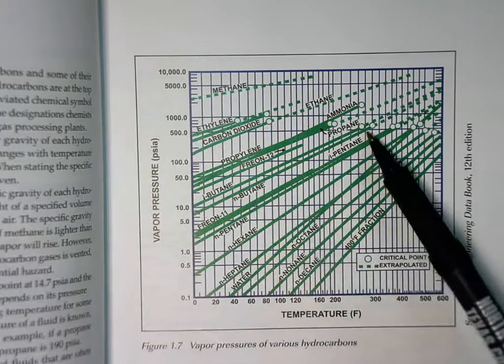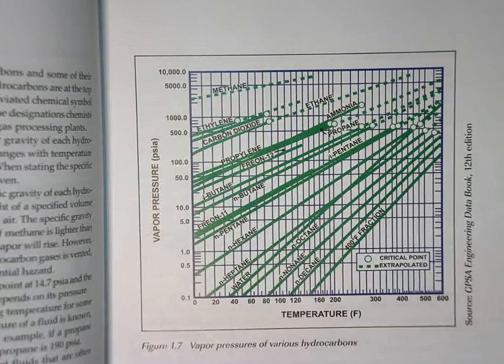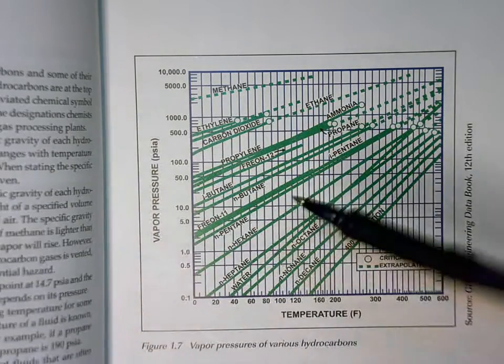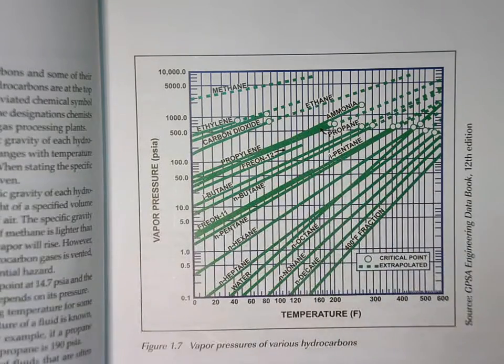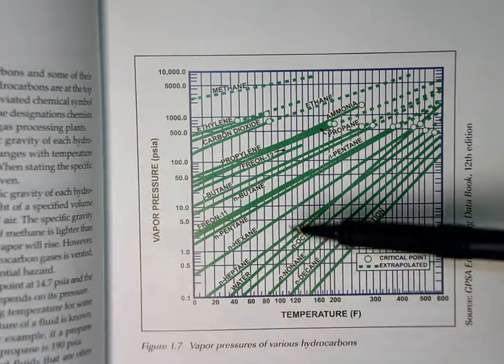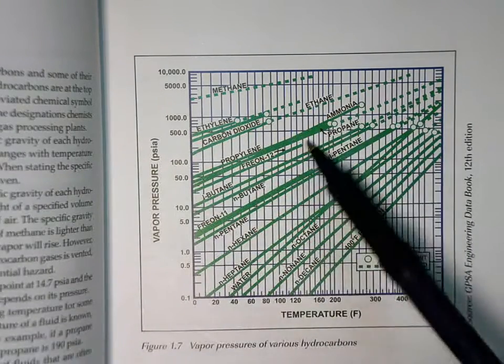Now this is based on actual data of measuring pressures of propane in a vessel as you change the temperature of that vessel or container. So they put propane in a container, have a pressure gauge on it, and adjust the temperature, and then they just collect data. And these lines result from that.